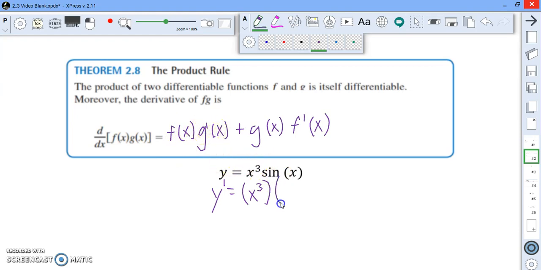So derivative of sine is cosine, plus the second thing, my sine of x, times the derivative of f, of the first thing. So derivative of x cubed is 3x squared. And I'll say it like that. Sometimes when I'm doing product rule to kind of help myself, I'll say it's first times derivative of the second plus second times derivative of the first.